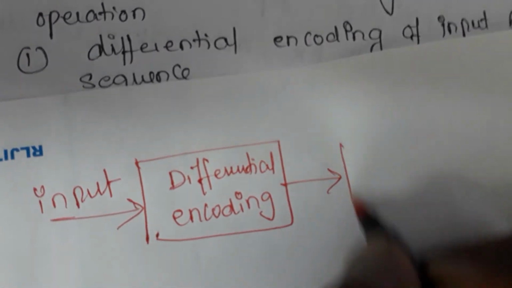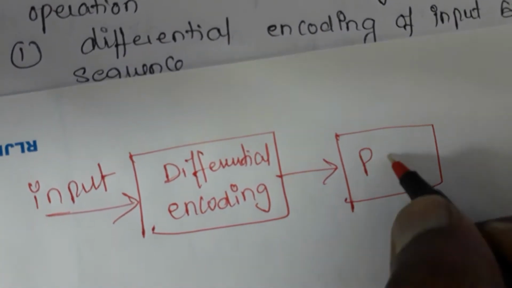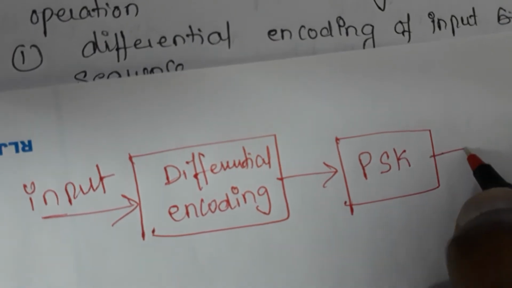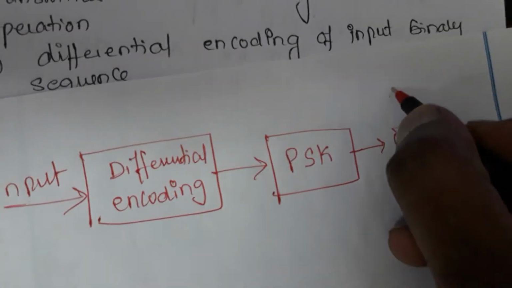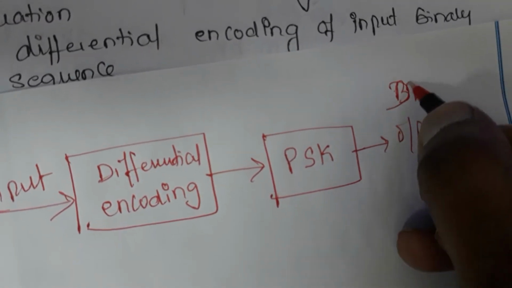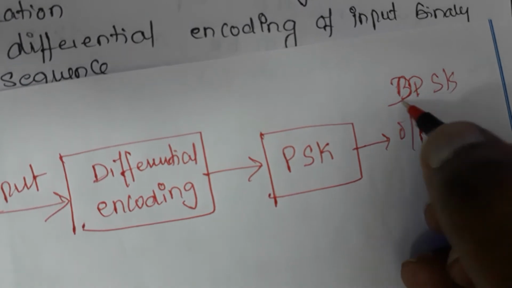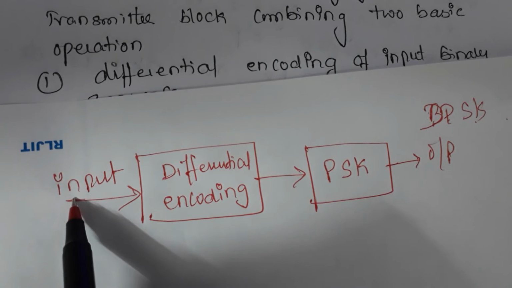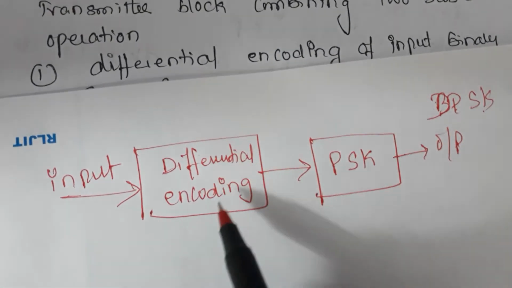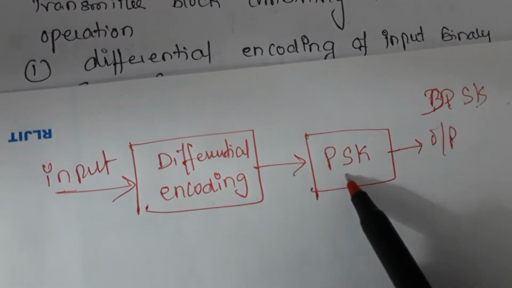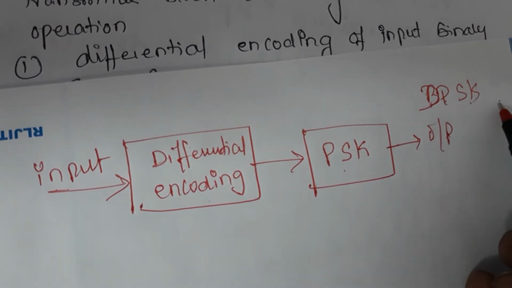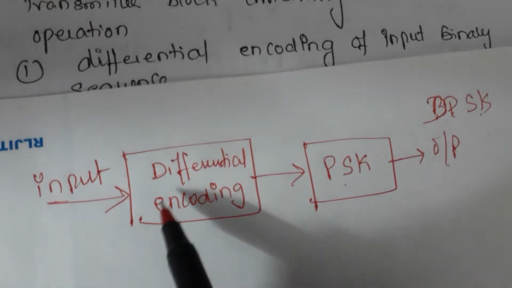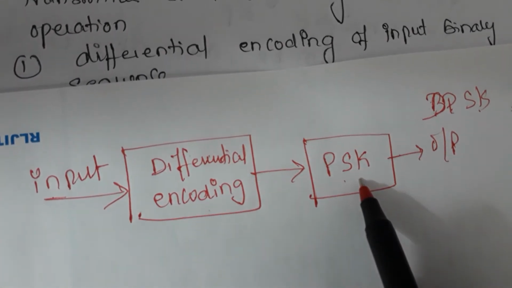The second part is phase shift keying, and we get the DPSK output. I will repeat: the input first goes through differential encoding, followed by phase shift keying, and the output will be differential phase shift keying. So there are two parts, the encoding part and the phase shift part.